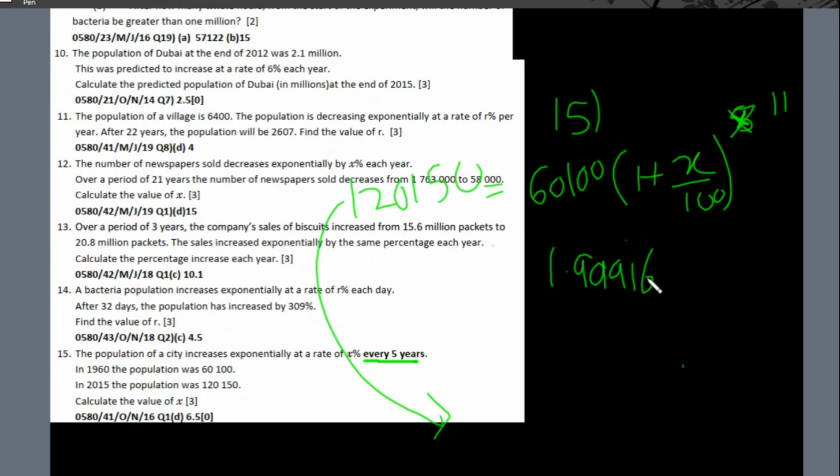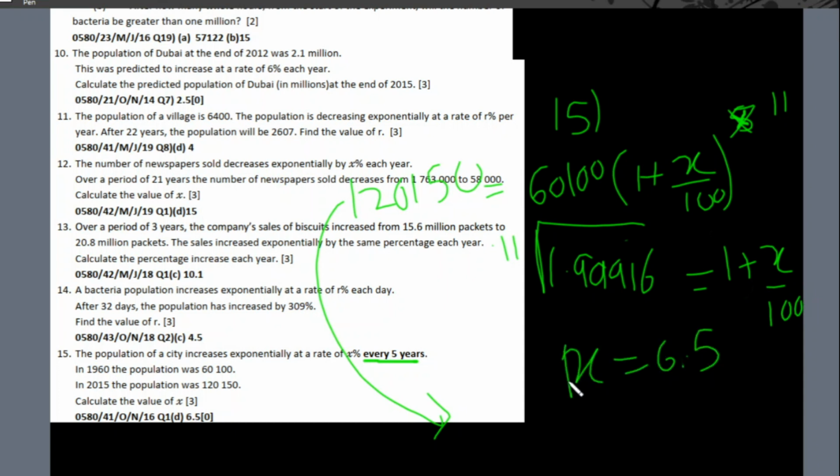Then we'll take 11th root of this, which will be equals to 1 plus x over 100. Then we'll subtract 1 from it and multiply it with 100. So 11th root of answer equals this. Then I am subtracting 1 from it and then multiplying it with 100. So I get x equals 6.5.